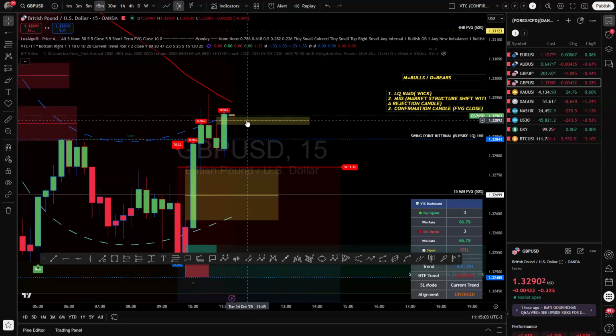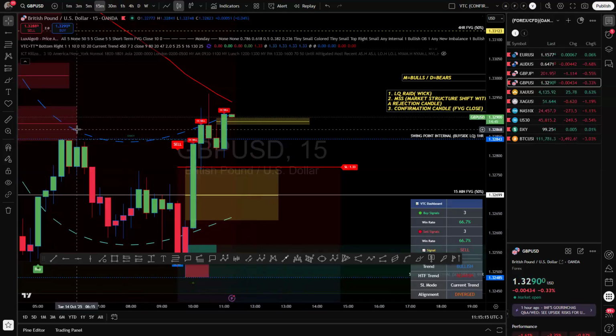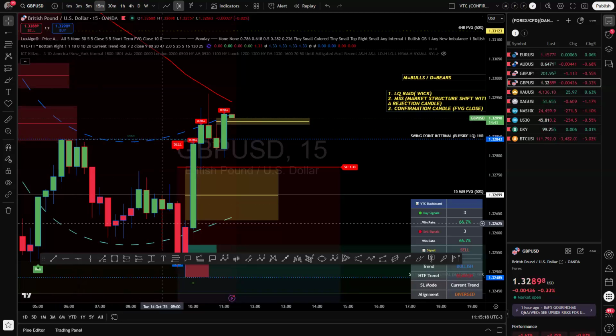Close with some bullish strength. So let's see what it ends up doing. And this is really almost some fair value gap here. But yeah, I'm going to hold this, the strength in this fair value gap here.